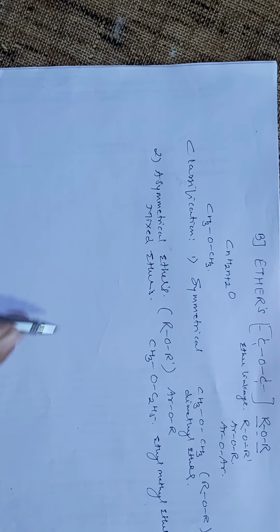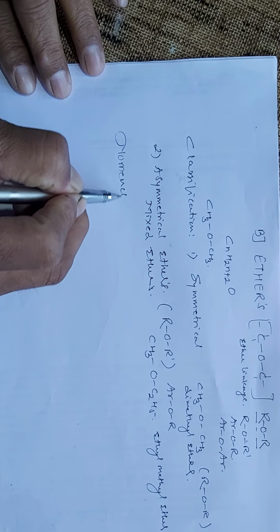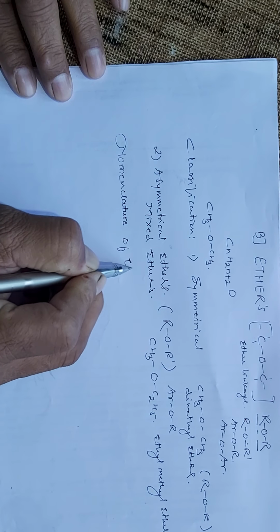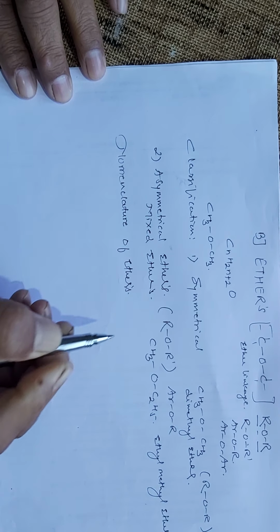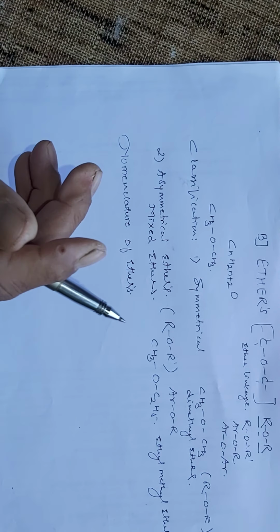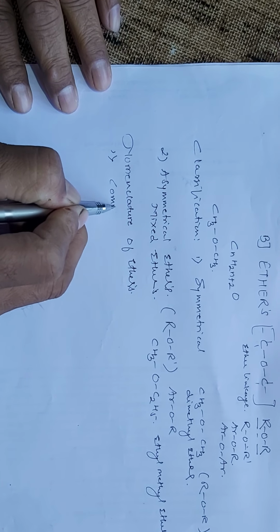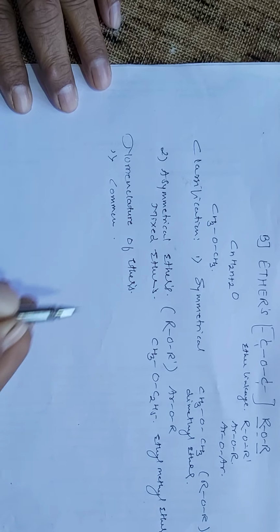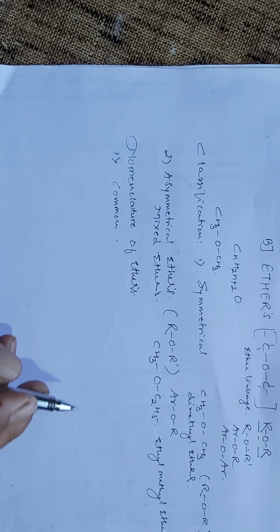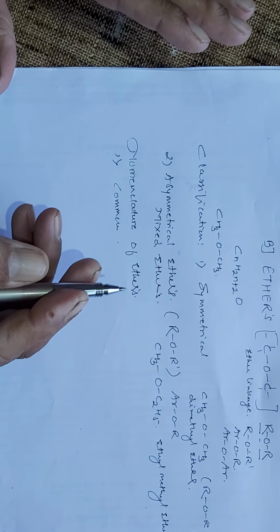And so in the next lecture we will discuss the nomenclature of ethers. In the common nomenclature system of ethers, the names of the two alkyl or aryl groups attached to the oxygen are written first, and then the word ether is added.